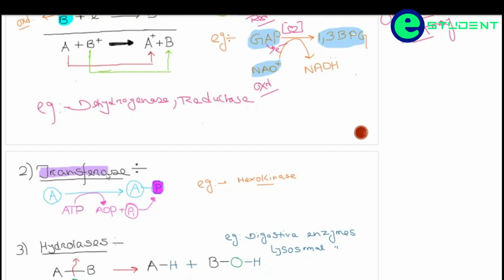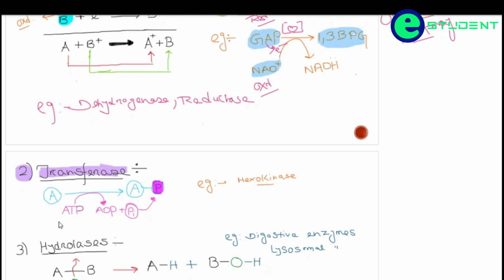Now the second type of enzyme classification is transferase. The kind of reaction mainly catalyzed by transferase is the transfer of a group. Here the ATP, which has the phosphate group, transfers it to a molecule A, which now becomes phosphorylated by the enzymes phosphotransferases or kinases.